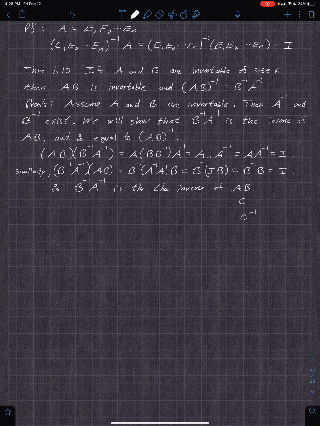So therefore, B inverse A inverse must be AB inverse. Since inverses are unique, B inverse A inverse must equal AB inverse, by the definition of inverse matrices.